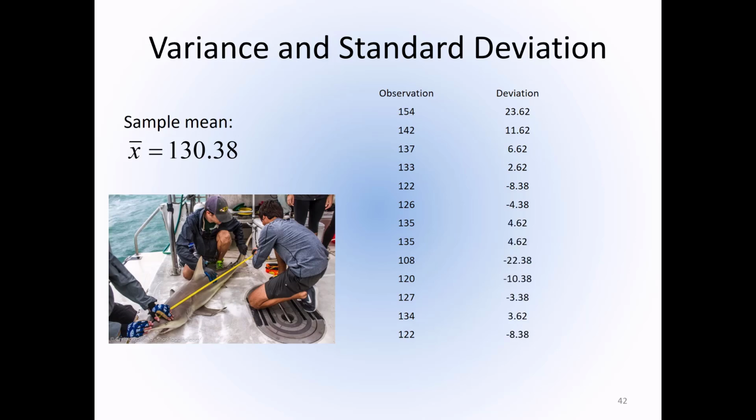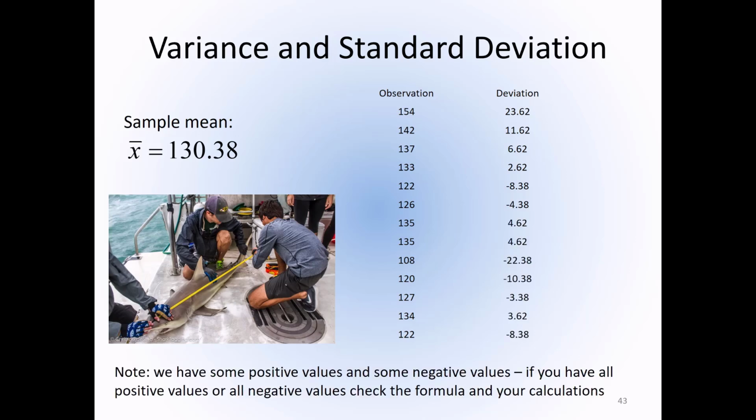This is an important note to make. If you're calculating these deviations and they're all positive or all negative, then something has gone wrong. Either your calculation of the mean may be off, or maybe you're making a miscalculation for these deviations. You should have a relatively equal proportion of positive and negative values, and when you take their summation, they should equal approximately 0.